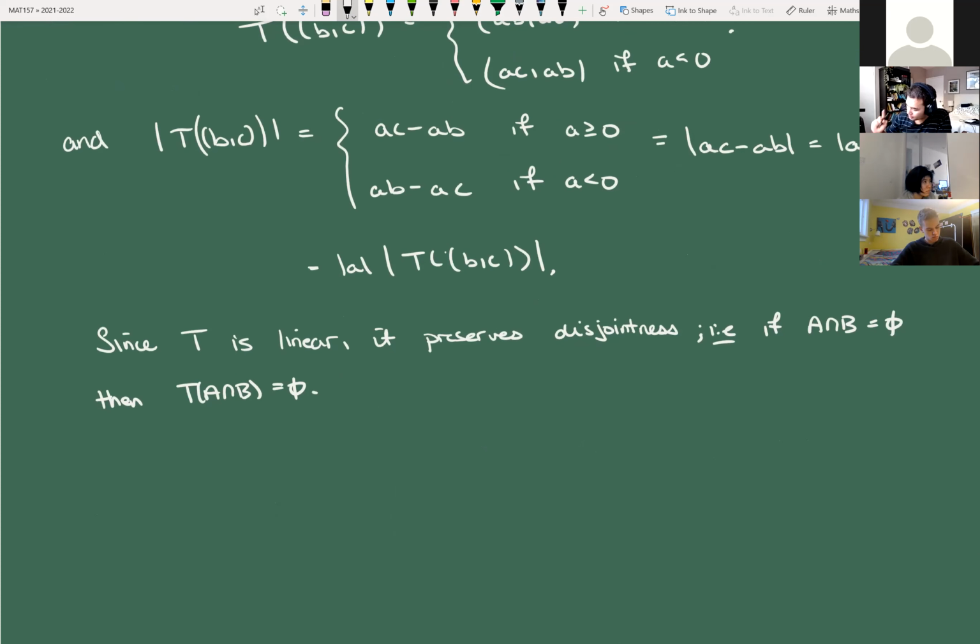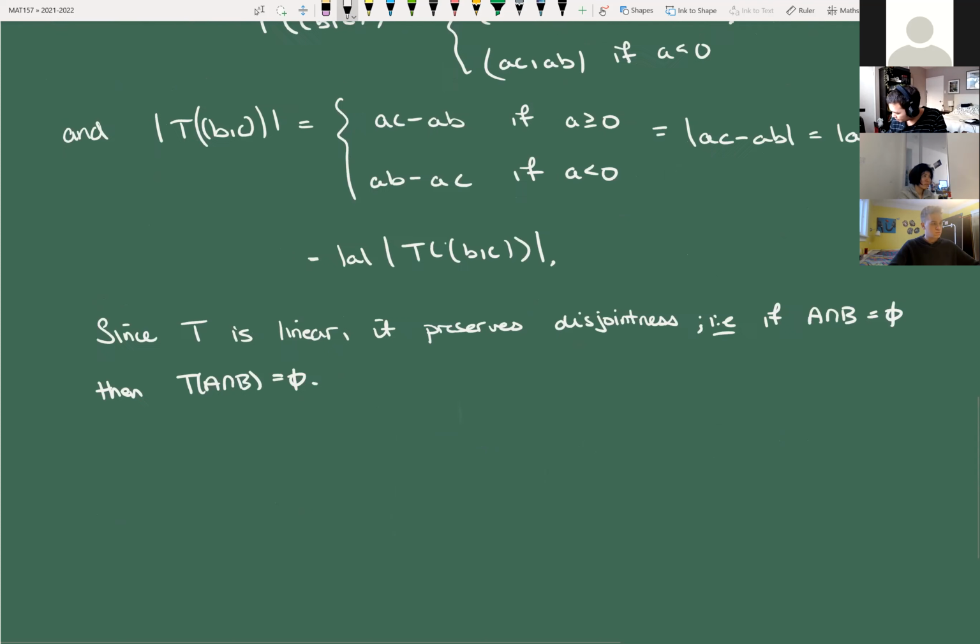Okay, so basically, because it scales intervals exactly the way we want it to, and it preserves disjointness, this means that the result that we want to be true for polyintervals is true, right?